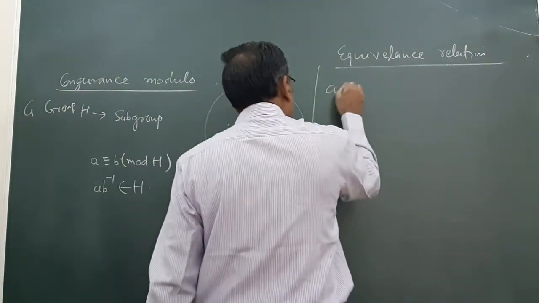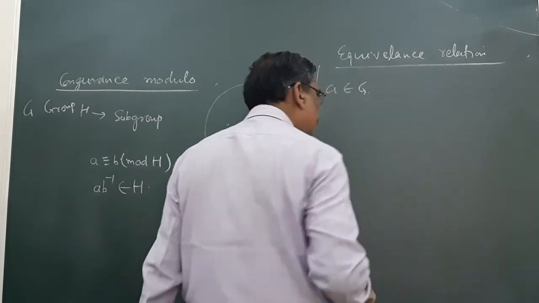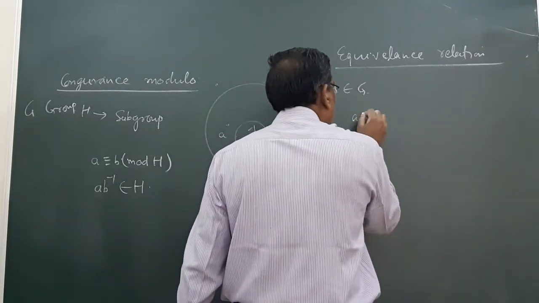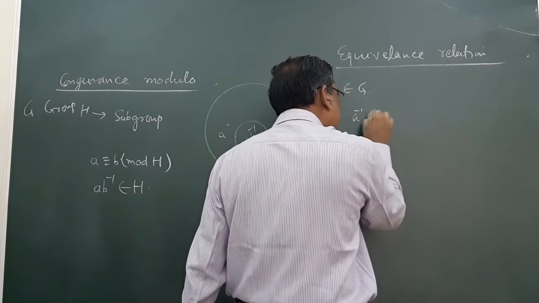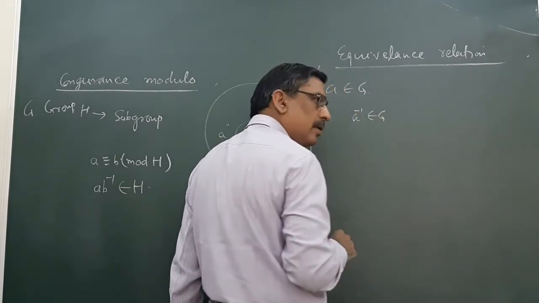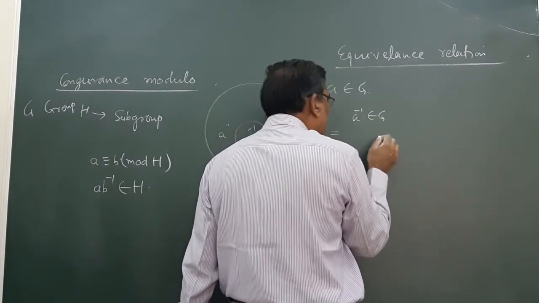A belongs to G. G is a group, which means A inverse belongs to G, and identity.